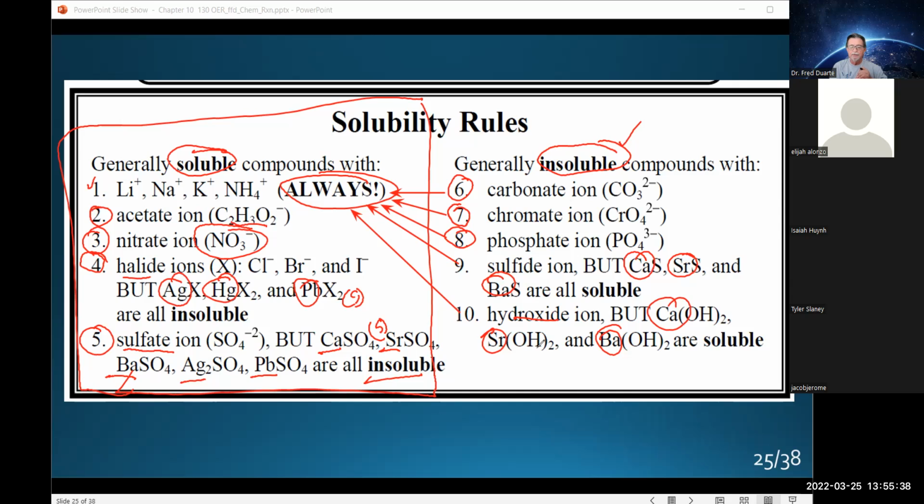Okay, so that's how the solubility rules work. And you've got a solubility column. There are some exceptions, compounds that are not soluble, that are classified as insoluble. And the same is true for the insoluble column on the right. Okay.